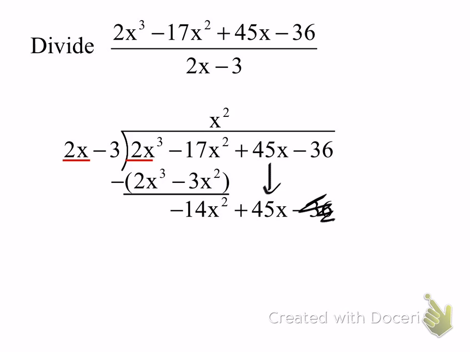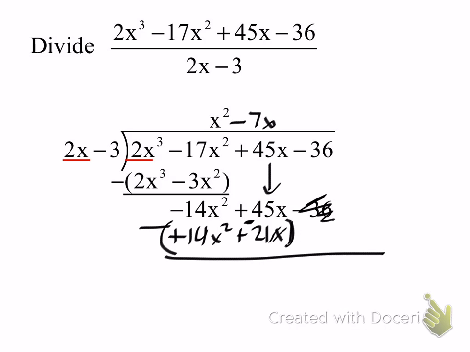Okay, the next one, what am I going to do? Gabby? It's going to be negative 7x. Negative 7x, and I get negative 14x squared and plus 21x. I subtract the whole thing, and I get positive and negative.